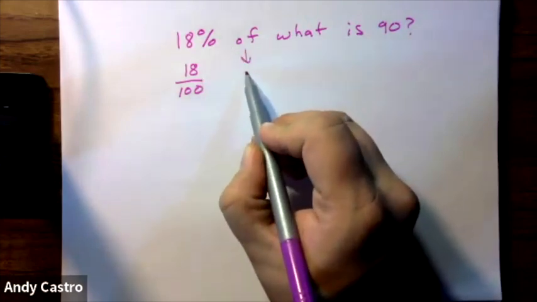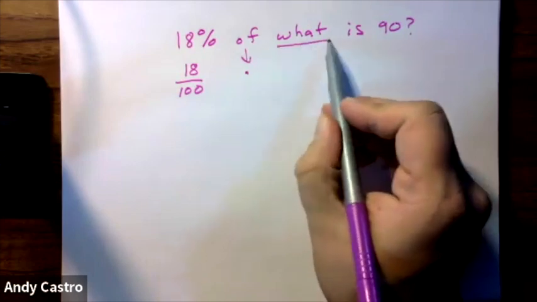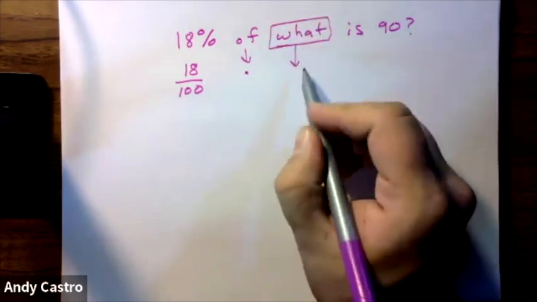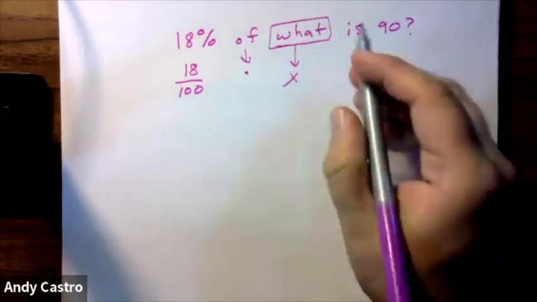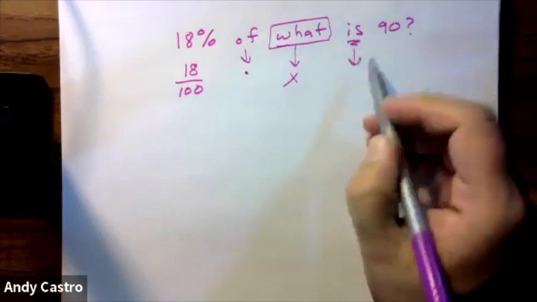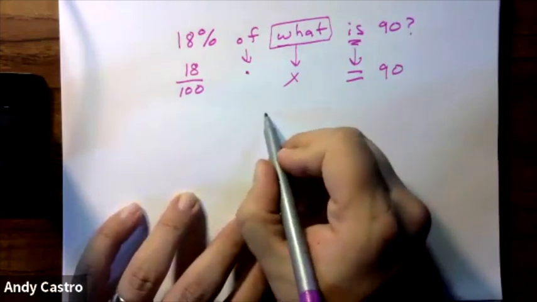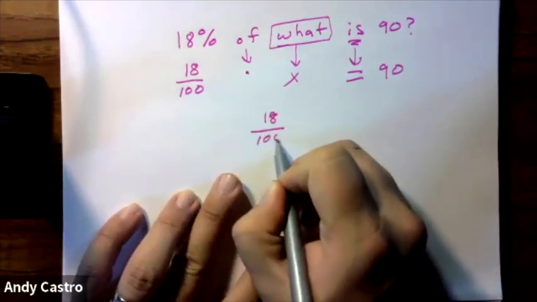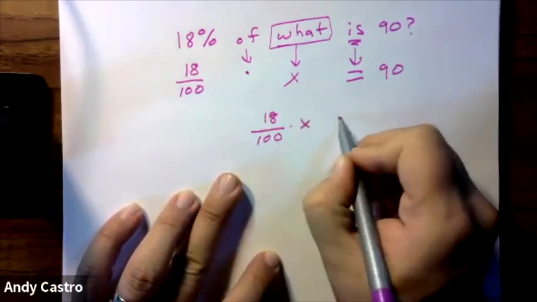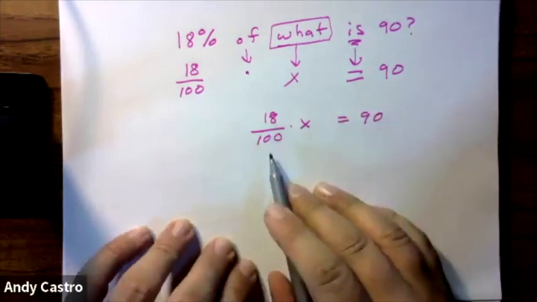Of is going to be multiply. What? That's going to be my variable. I'm just going to choose x. Is going to be my equal sign, 90. So 18 over 100 times x is equal to 90.